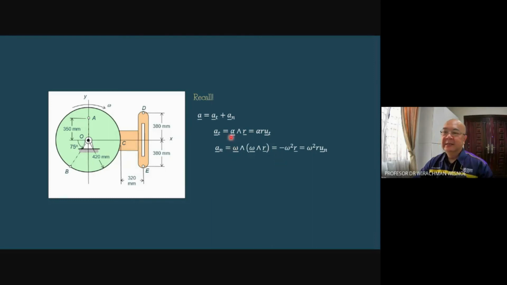Because of that, we can write this formula like this. Omega times omega, that's omega square, multiplied with R. But R is always going out, while the direction of normal is going in, so I put a negative. Or if you prefer to use UN, the unit vector in the normal direction, it will be omega square R UN.